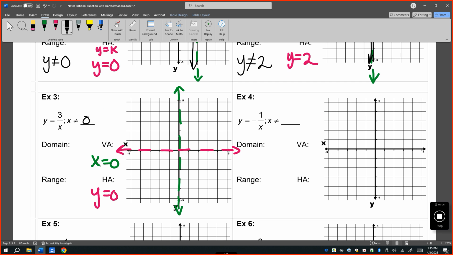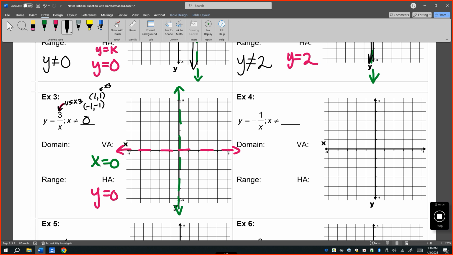But A is 3. So remember what this is. This is a vertical stretch of 3. Okay, now how do I do a vertical stretch of 3? Well, remember our points, 1, 1, and -1, -1. If I vertically stretch those by 3, I'm going to change the y coordinate. Why?